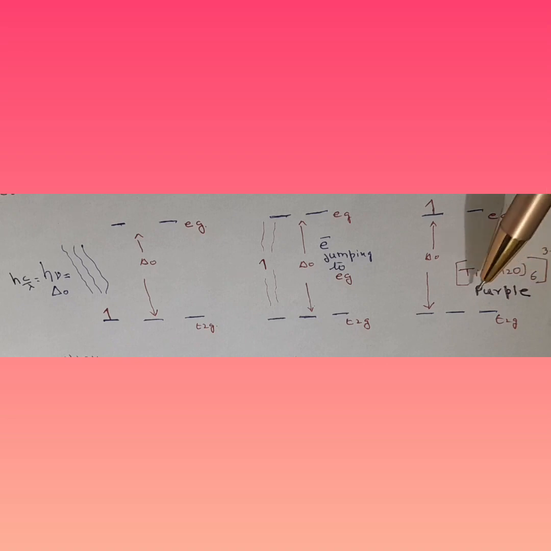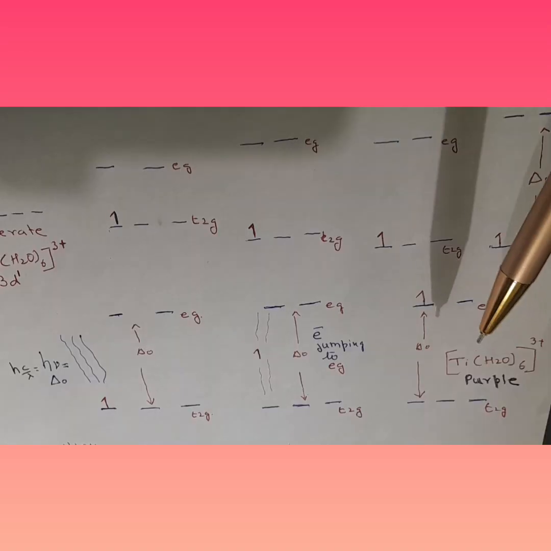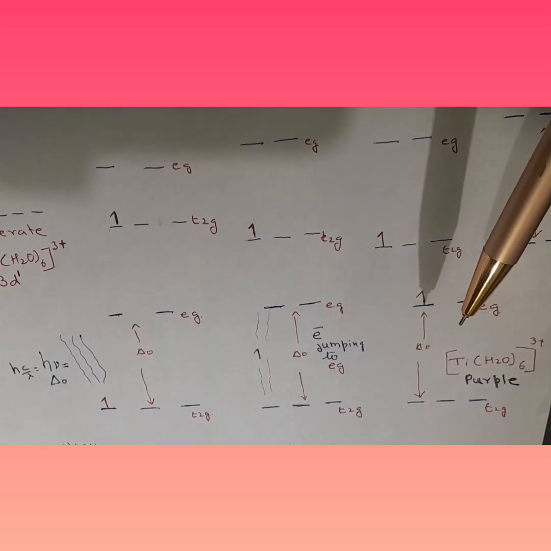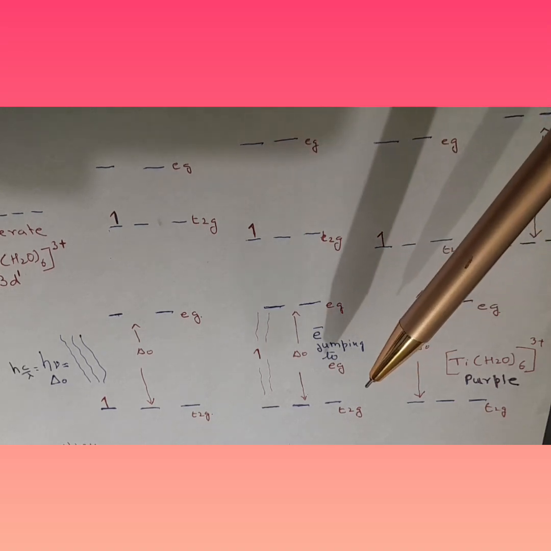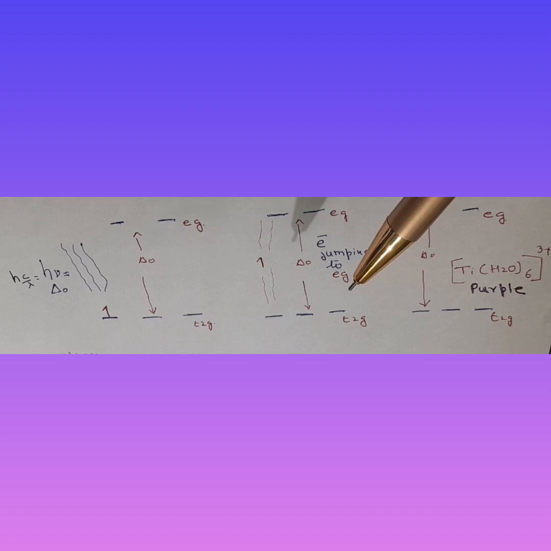We see purple color. So this is the reason why we find titanium hexahydrate 3+ purple in color. This is the entire process that happens during the approach of ligands to the metal for the complexes to appear colored.